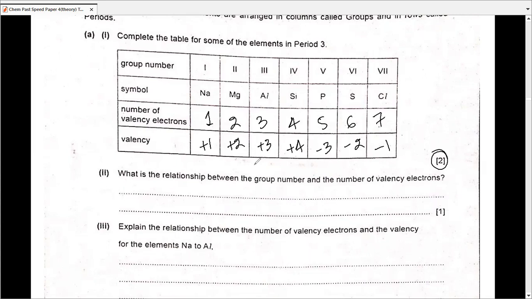Yes, it is perfect. Same or equal. Good. Explain the relationship between number of valence electrons and valency per element.